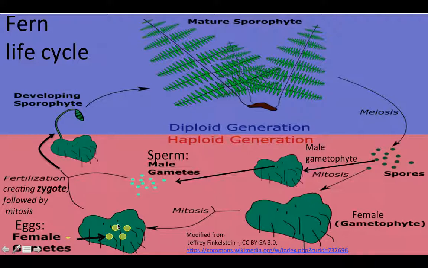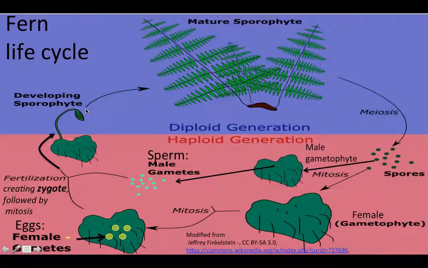It now needs to make a sporophyte. Well, remember, if fertilization has happened, then we've gone from the haploid state, 1N, to the diploid state, 2N. So we now have a diploid zygote. It needs to develop into first an immature and then later a mature sporophyte.